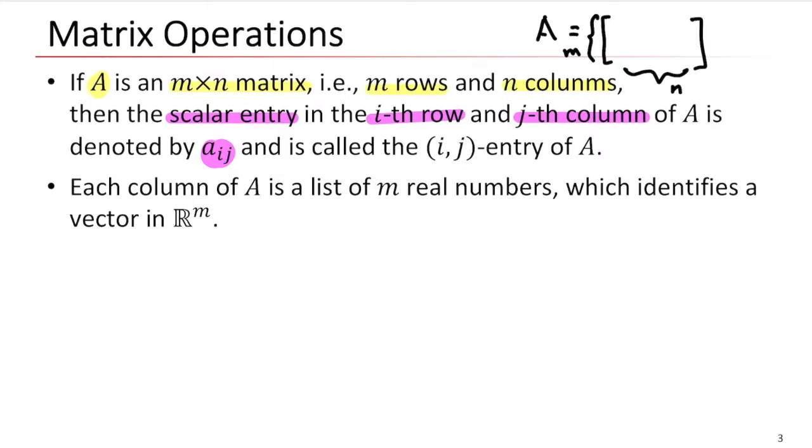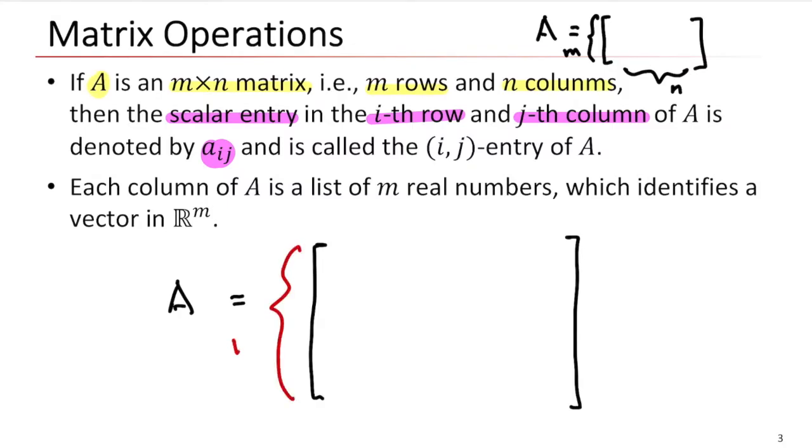Okay, let's see the example. Let's say here is a matrix A, something like this. As we discussed, the size of the matrix is m by n, right? This first value is represented by A11.